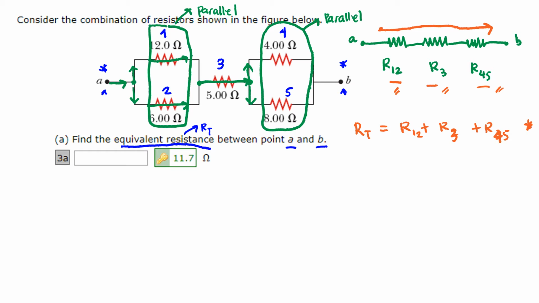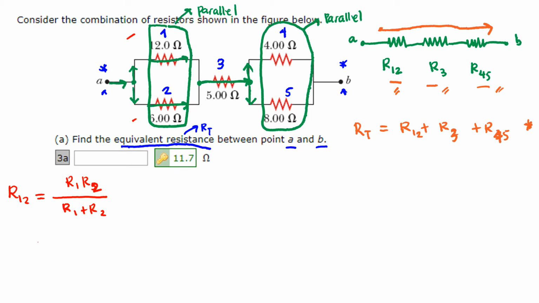So let us now solve for R12. R1 and R2 are connected in parallel, so we could just use the product over sum rule, so that R12 is equal to the product of R1 times R2 divided by the sum of R1 and R2.